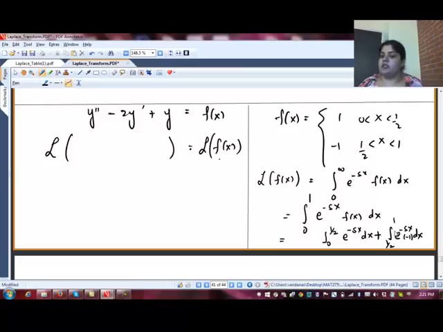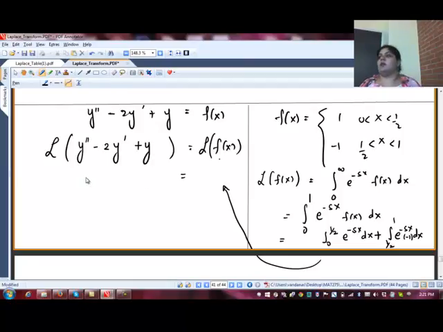Now the question here is, I will place here whatever I get from this calculation. How will I handle the left hand side? Now one thing you know about Laplace transforms is that they are linear.